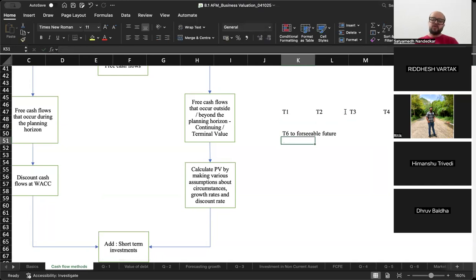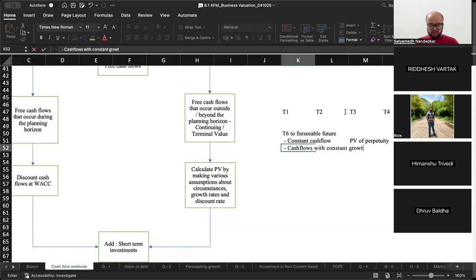So in this case, you will either have constant cash flow, so you will have to use present value of perpetuity, or you will have cash flows with constant growth rate.